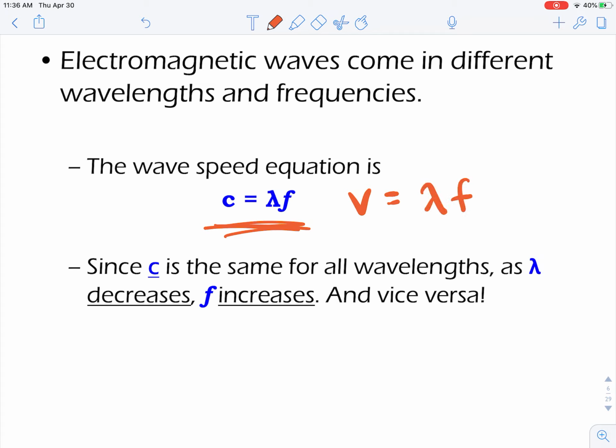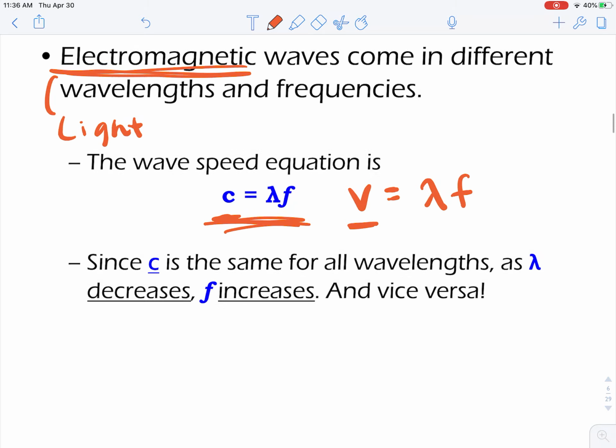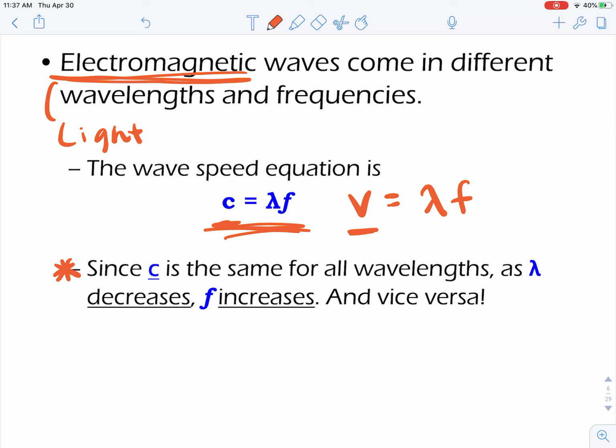You'll notice that this is the exact same equation we learned from our Intro to Waves unit. The only difference is, since we're talking specifically about light waves, we can insert the speed of light for velocity. Now, any electromagnetic wave is going to be considered to be a light wave. So anytime we're talking about an electromagnetic wave, we can use the speed of light.